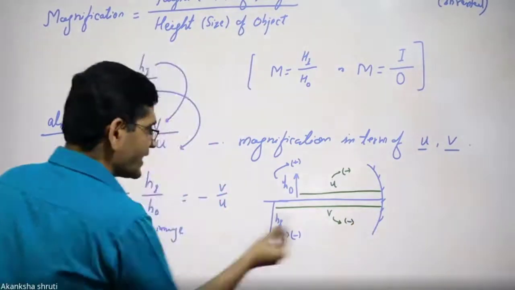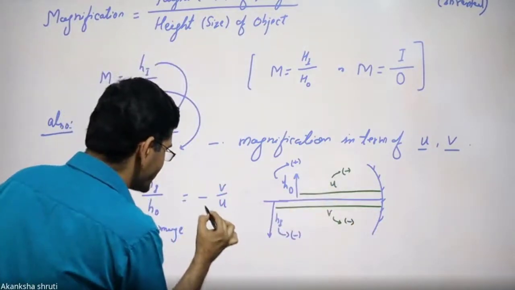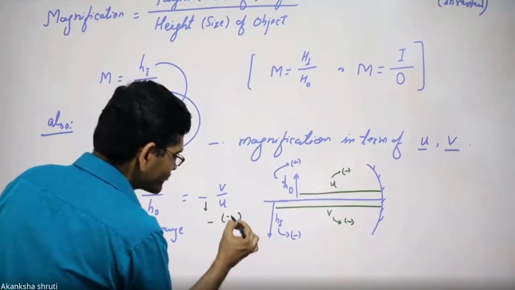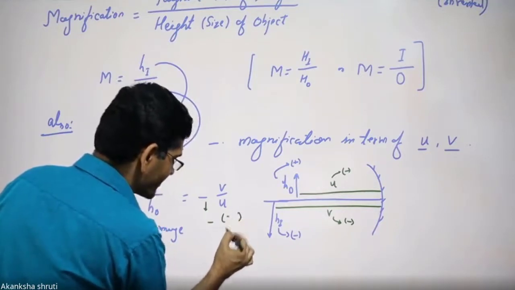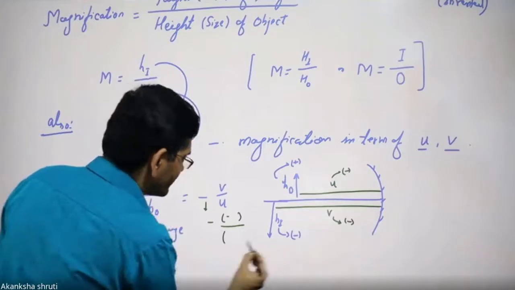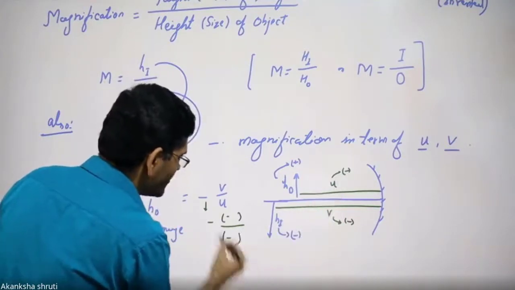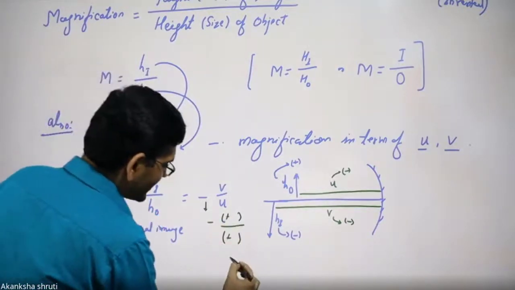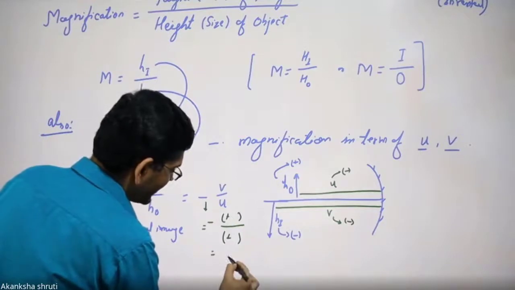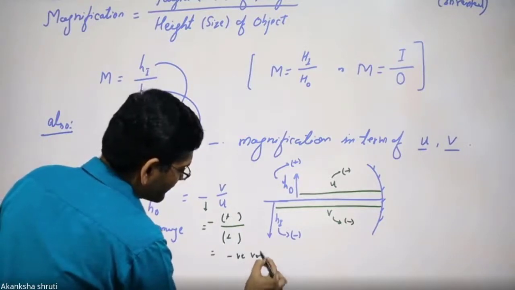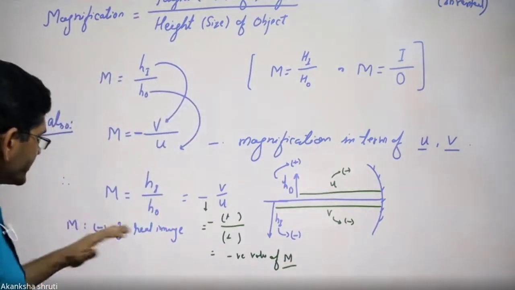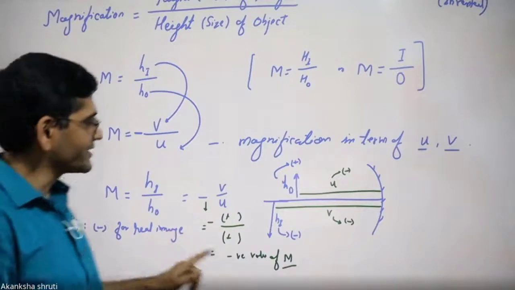If you substitute in this, the minus sign will be carried as it is. U is also a negative value, and this V, this negative value we had taken. Here this will get cancelled. Still you will be left with the negative value of M. Means what? For the real image, the magnification is negative.